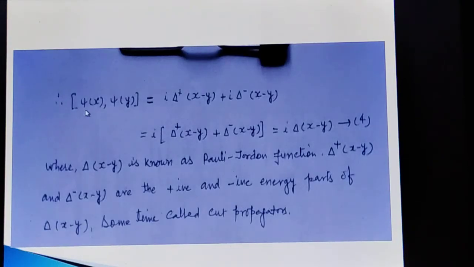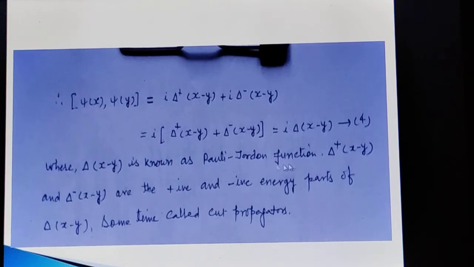And so you can say that the commutator psi x comma psi y is equivalent to i delta x minus y, and this delta x minus y is known as the Pauli-Jordan function, and delta plus x minus y and delta minus x minus y are the positive and negative energy parts of delta x minus y.